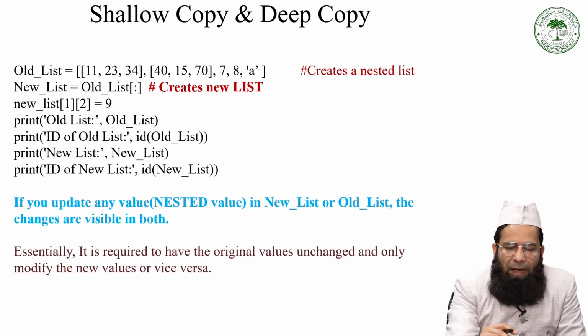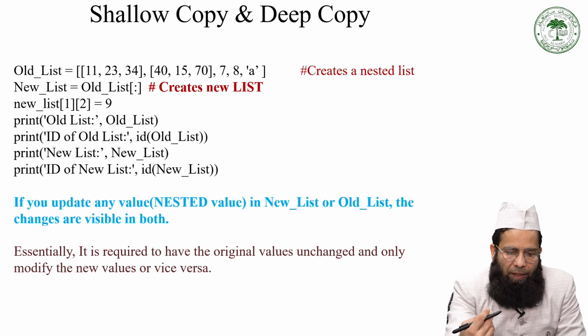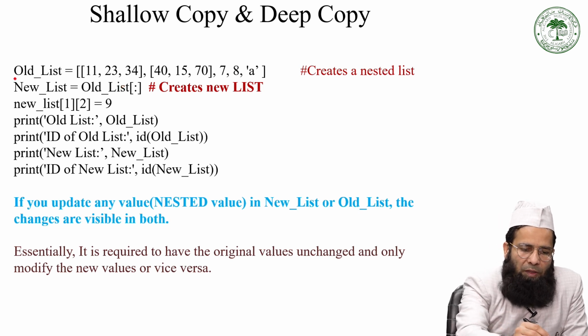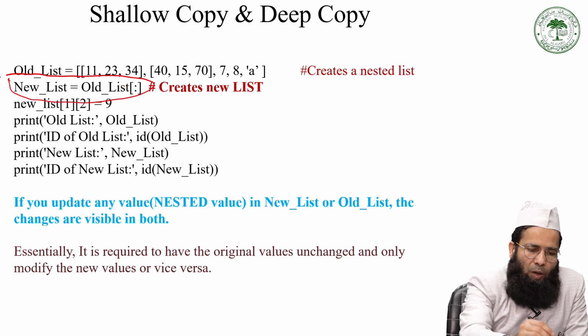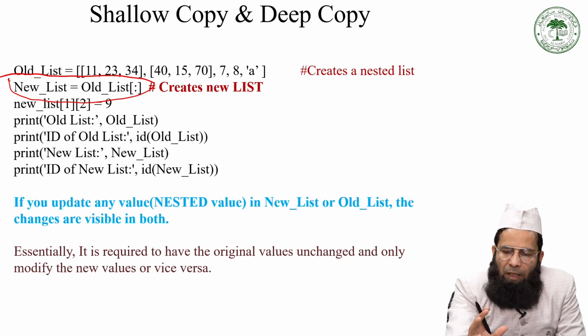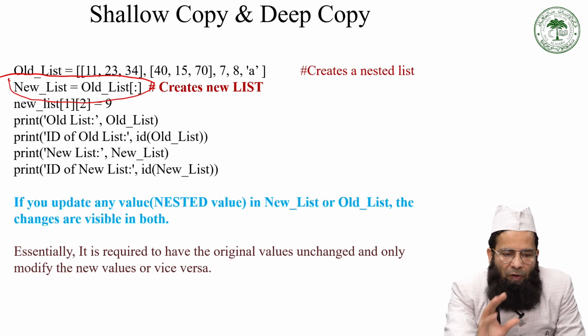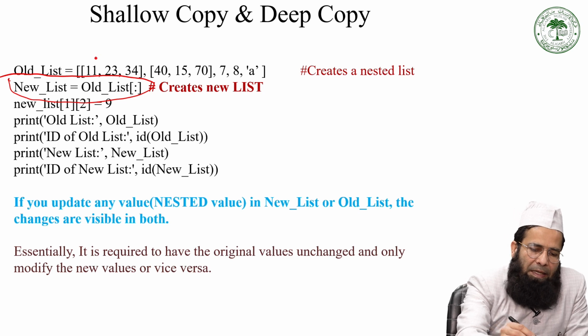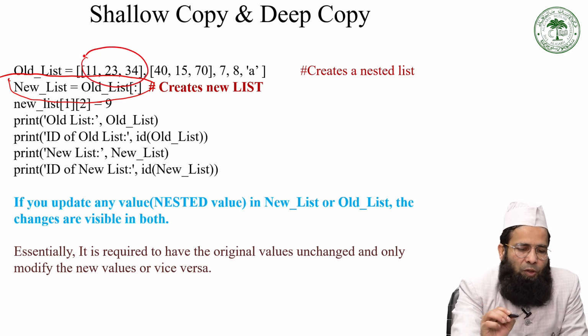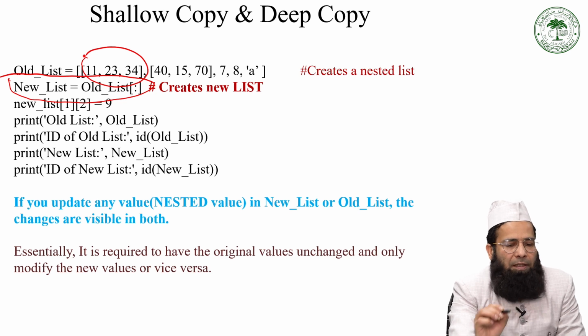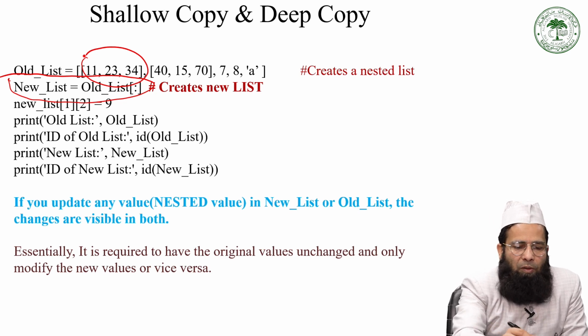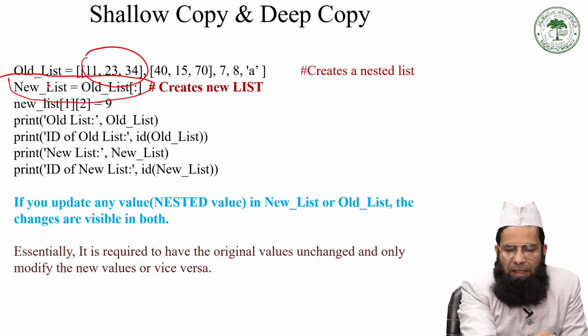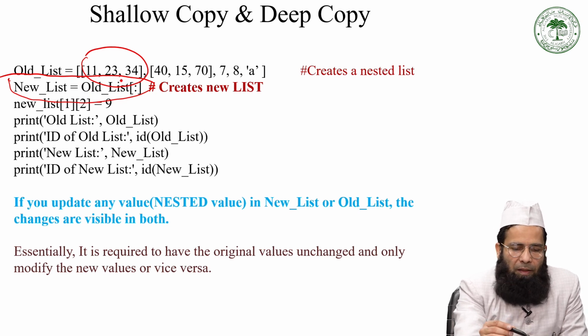Now, another way is to use the slice operator, right? Like in this case. Although it copies the elements, what would happen if you are updating a nested sublist? That would be reflected in the copied list as well. Suppose I am creating a new list. In this case, the new list has been created using the old list, right?